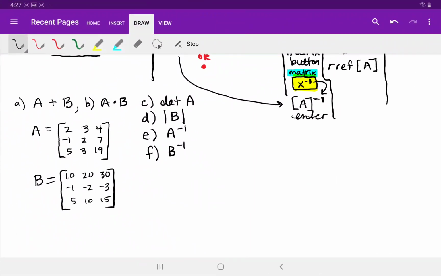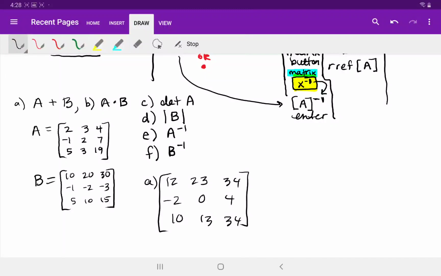So the work you would show is basically nothing. All you would write is the answer for A. Part A was adding them. So this was the matrix answer: -2, 0, 4, 10, 13, 34.